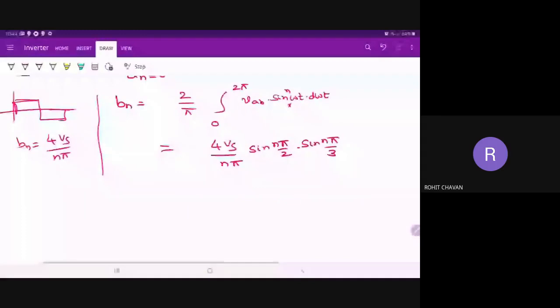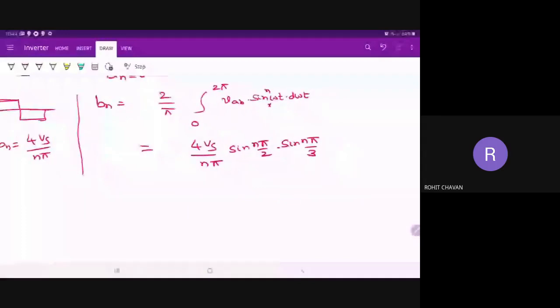Now if you notice, for each even value of n, what is the value of bn? It is 0.